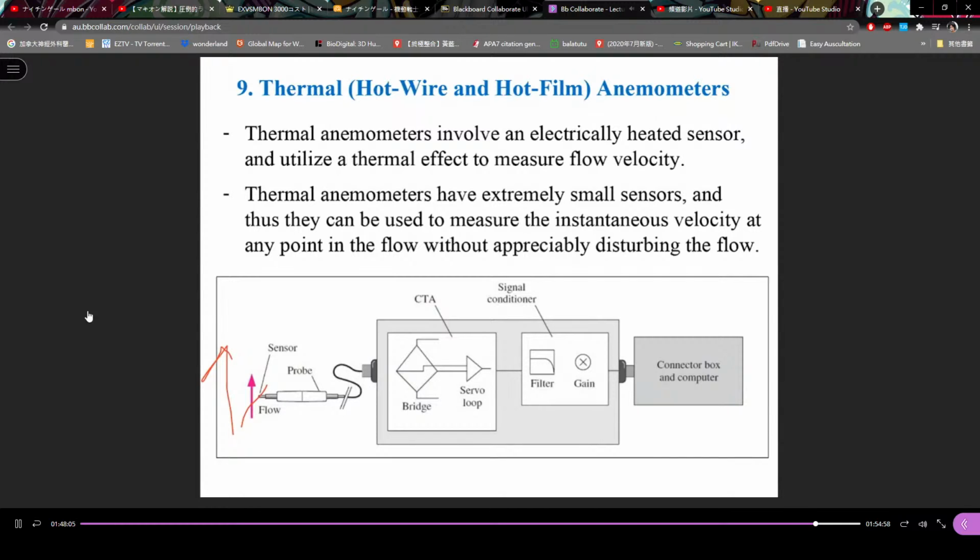The thermal anemometer has extremely small sensors, so it can be used to measure the instantaneous velocity at any point in the flow without pressure disturbing the flow, especially in an air duct, indoor space, or outdoor space.